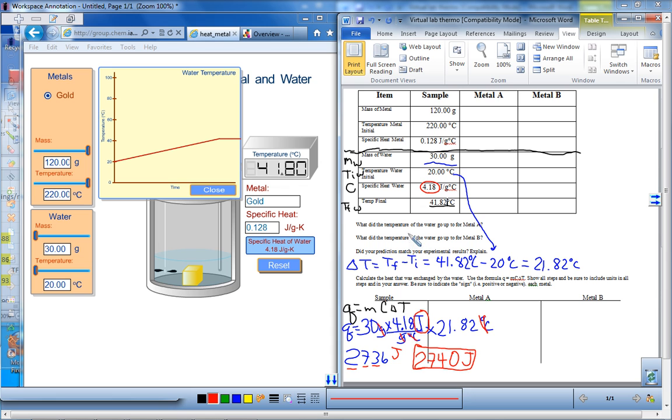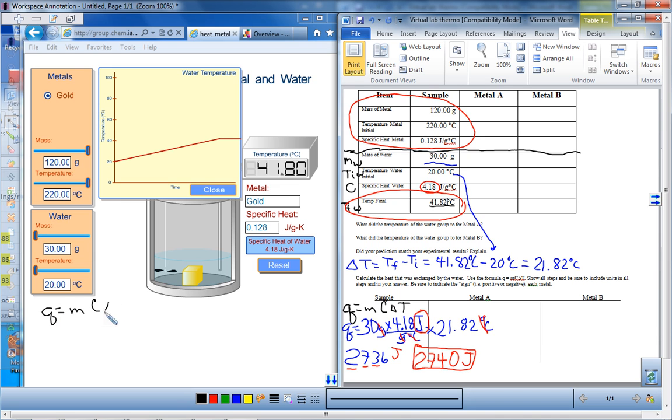Now the second calculation is the heat out of the metal. So we're going to be using this data over here along with the final temperature. I'm going to do this calculation right at the bottom here since I have room. Okay, so that same calculation, we'll use the same equation.